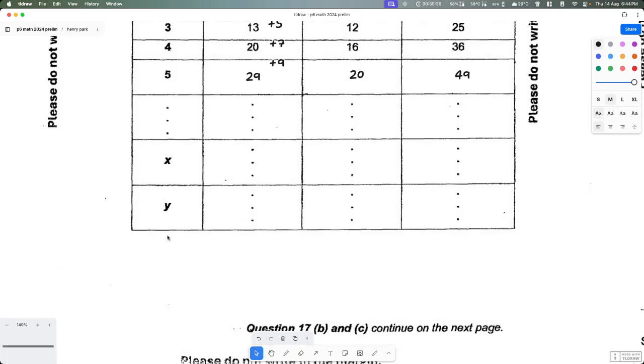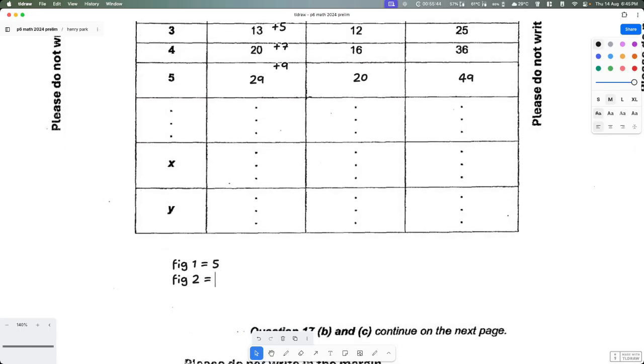Figure 1 is equal to 5, figure 2 is equal to 8, which is 5 plus 3.